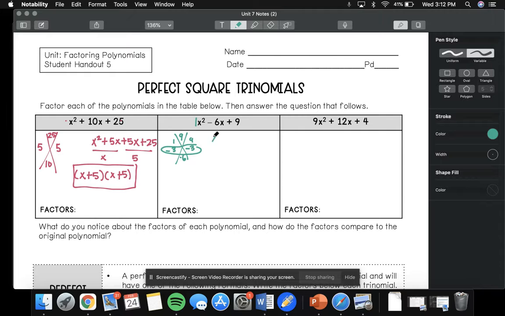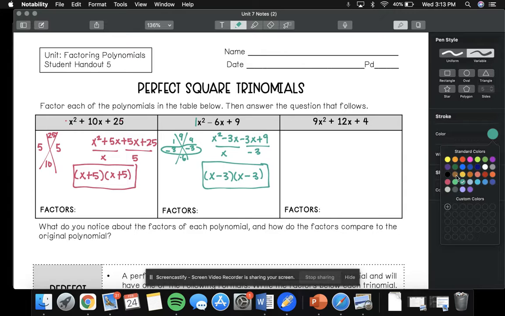So we're going to split up negative 6x into negative 3x and negative 3x. And then we make our groups, and the biggest factor is an x. This first thing is a negative, so I'm going to divide out a negative, and then it looks like a 3. Then x squared divided by x is x. Negative 3x divided by x is negative 3.